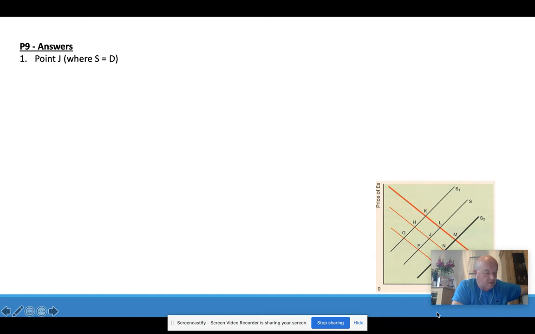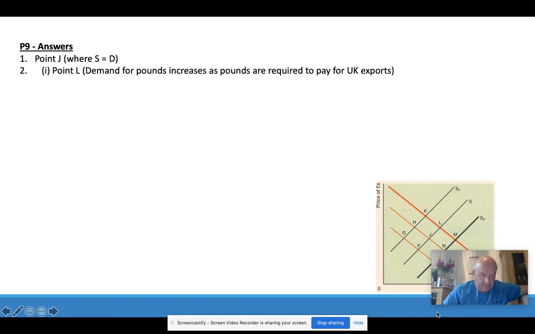Suppose that D and S are the original demand and supply curves, at which point is the market in equilibrium? Bearing in mind that it's told us in the question that D and S are the original curves, the point where the market is in equilibrium is where point J is indicated, so where supply equals demand.